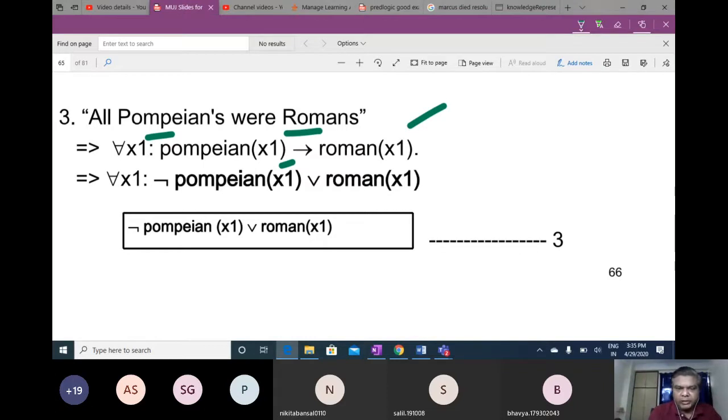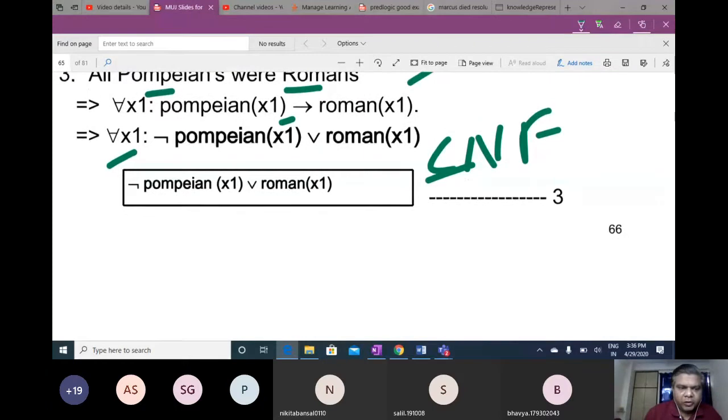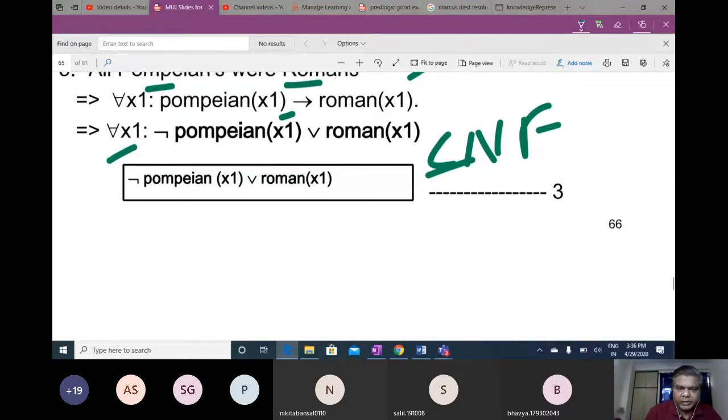There is no other elimination required, only elimination of the universal quantifier. We just remove it, and we get this CNF: not Pompeian x1 or Roman x1.